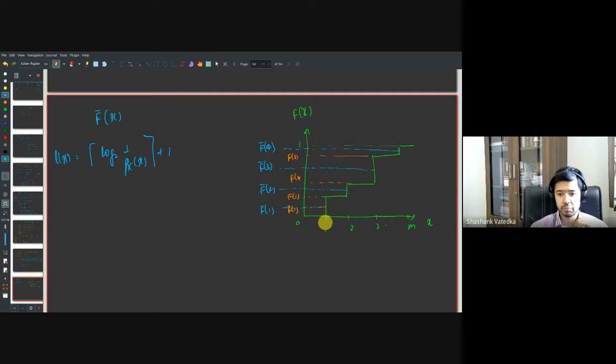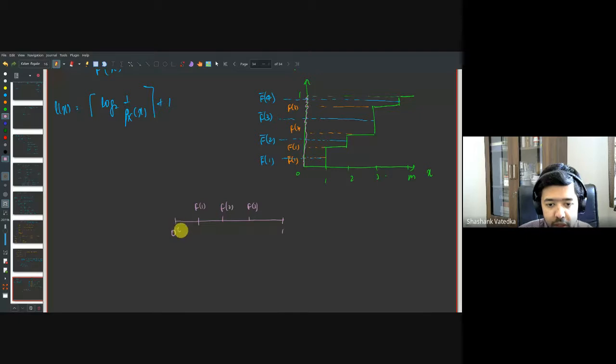So I'm looking at the interval from 0 to 1, and I'm partitioning it into subintervals f of 1, f of 2, f of 3, and so on.